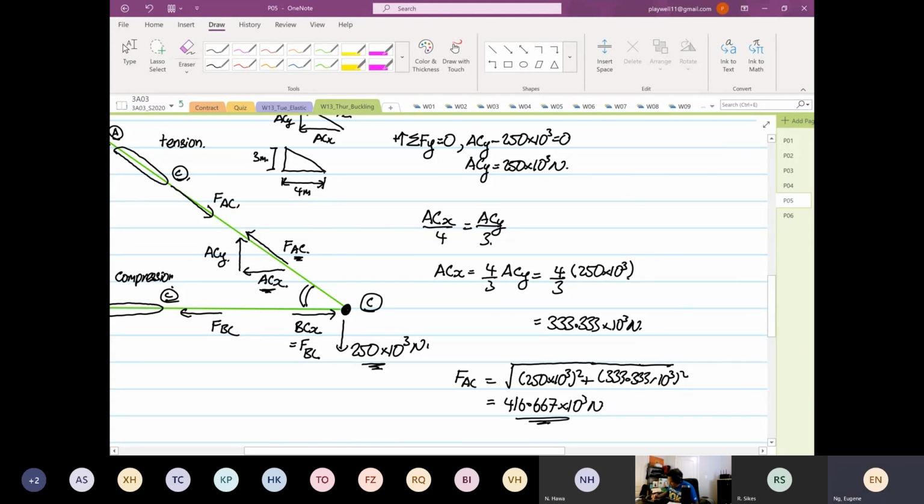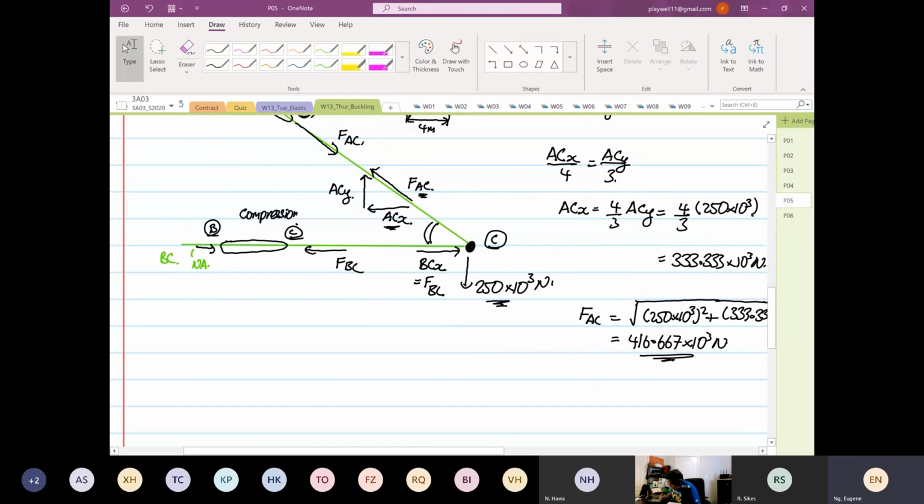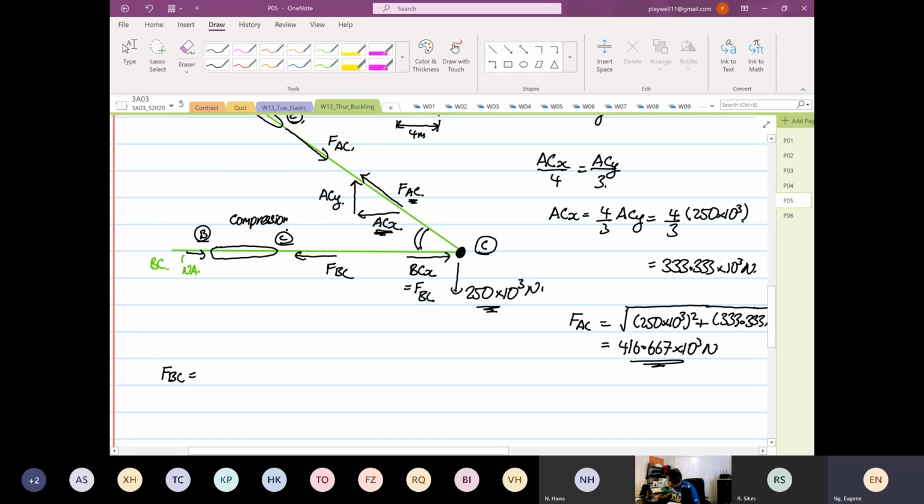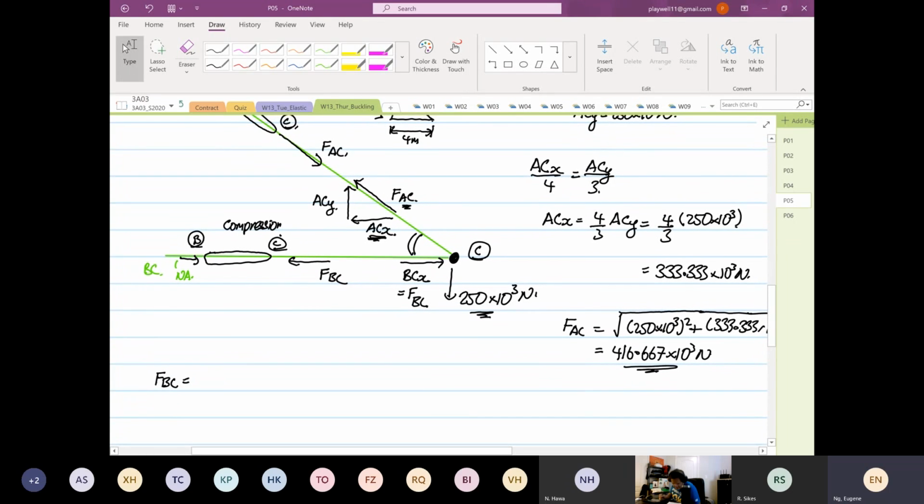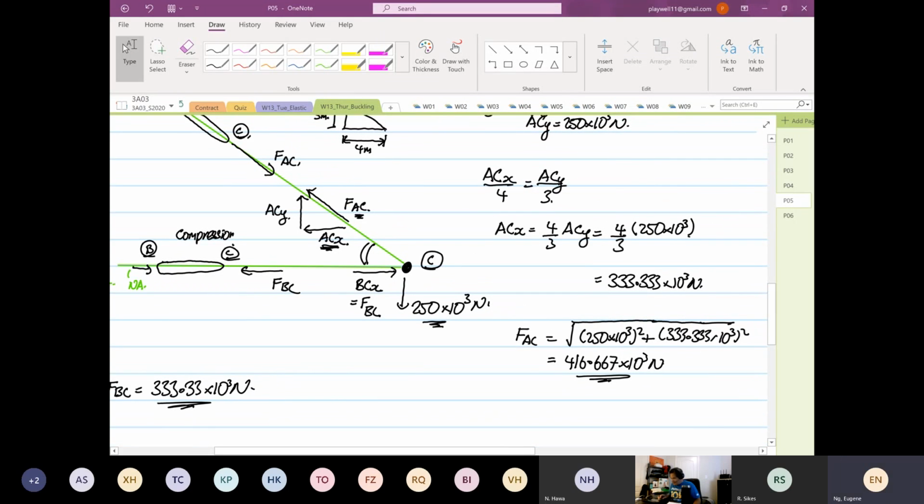Then we find our FBC. In fact, we have our FBC already. FBC is going to counter ACX, so FBC is going to be equal to 333.33 times 10 to the power 3 Newton. So we have these numbers now.